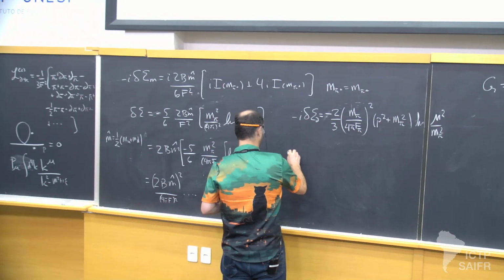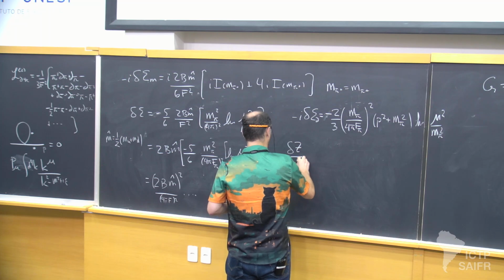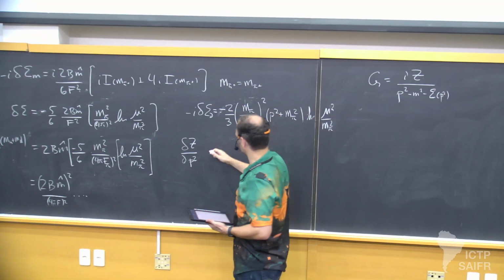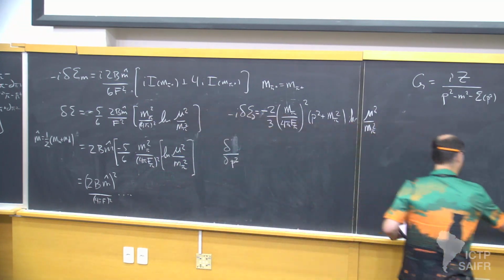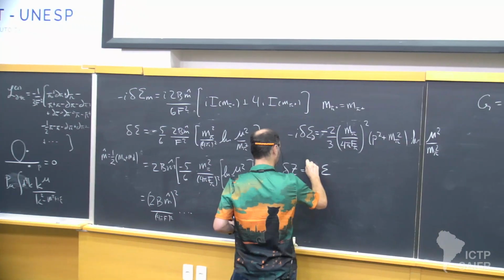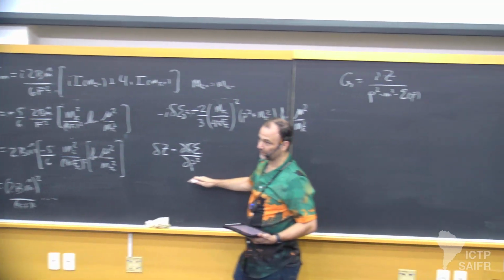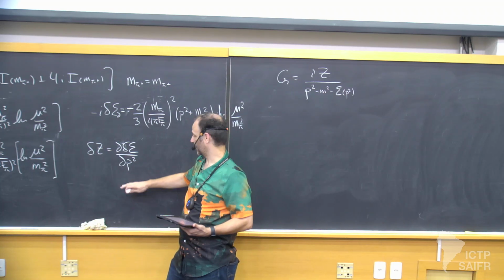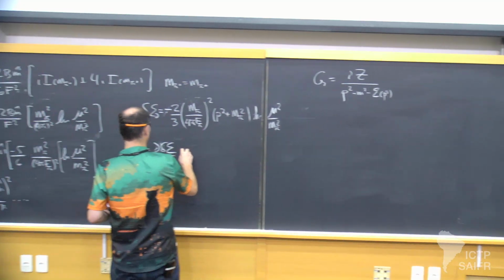And the wave function renormalization is simply given by, for a boson, the derivative, sorry, I'm getting ahead of myself. The wave function renormalization, I call it delta Z, is given by the derivative of the self-energy correction with respect to p squared. If this were a nucleon or a fermion, I would have to differentiate with respect to the linear momentum, not p squared. But it's a boson, so I differentiate with respect to p squared. And so here, what do we get?